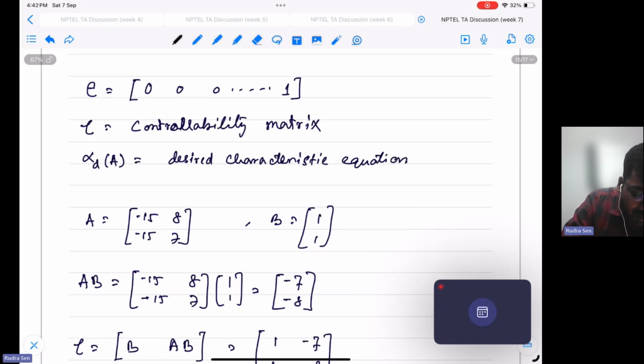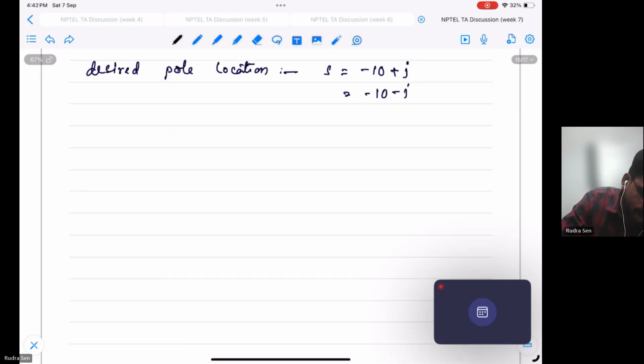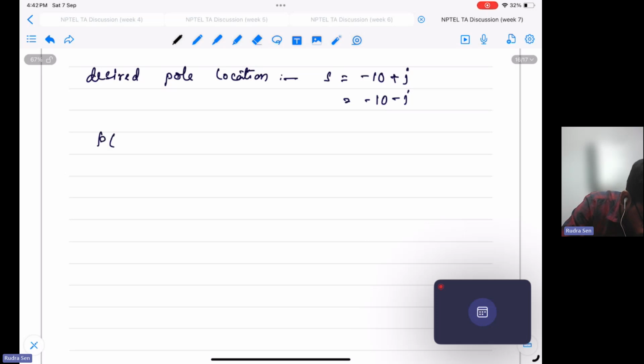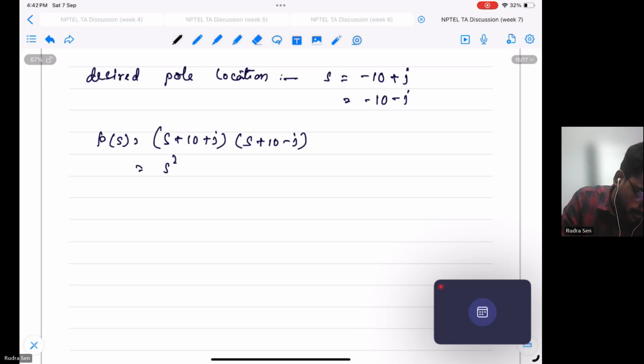Desired characteristic equation with the A matrix. So my desired characteristic equation p(s) equals (s plus 10 plus j) into (s plus 10 minus j). So this is basically s square plus 20s plus 101.